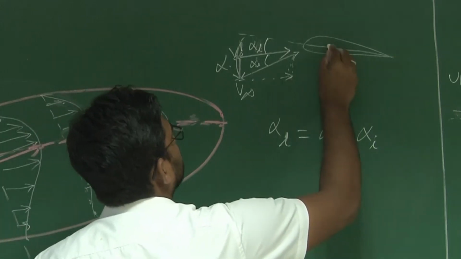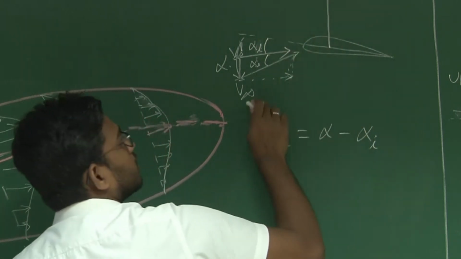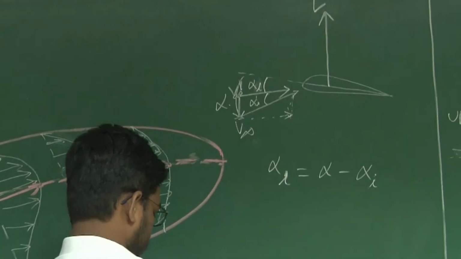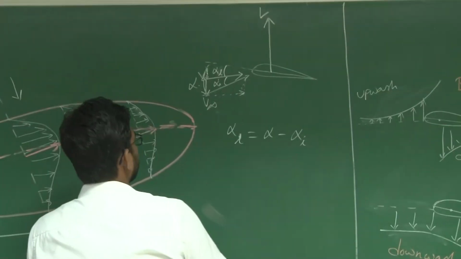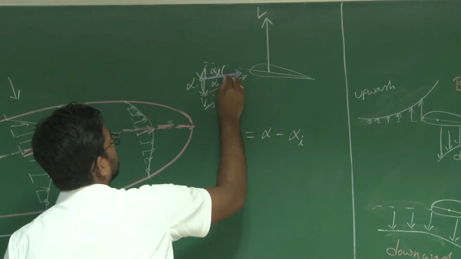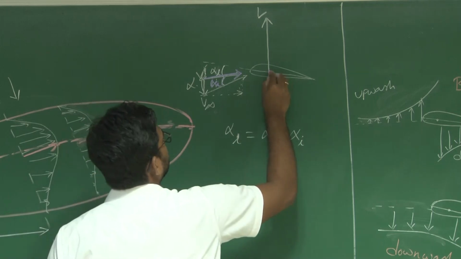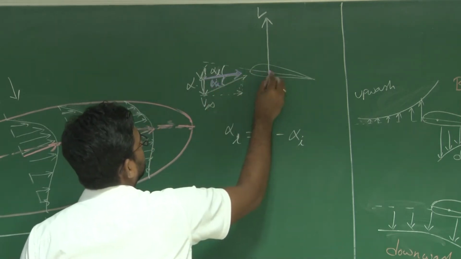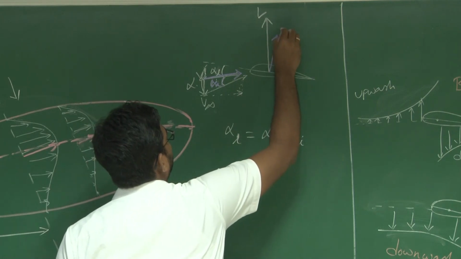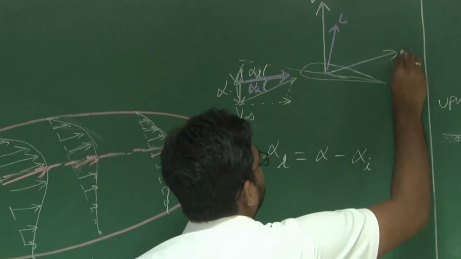Now the total lift of the entire wing is perpendicular to the free stream velocity, L, but this is the local velocity because of this induced angle of attack alpha I, right? So the local lift will be perpendicular to this particular quantity, right? This is your local lift. Say this is the direction of your drag.